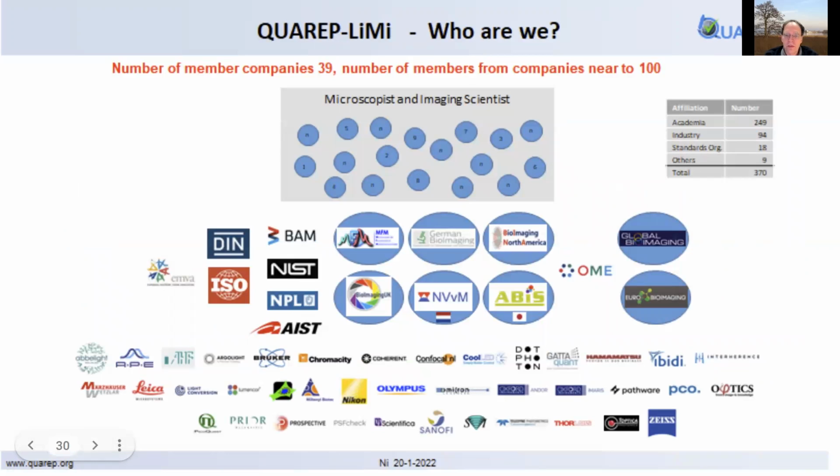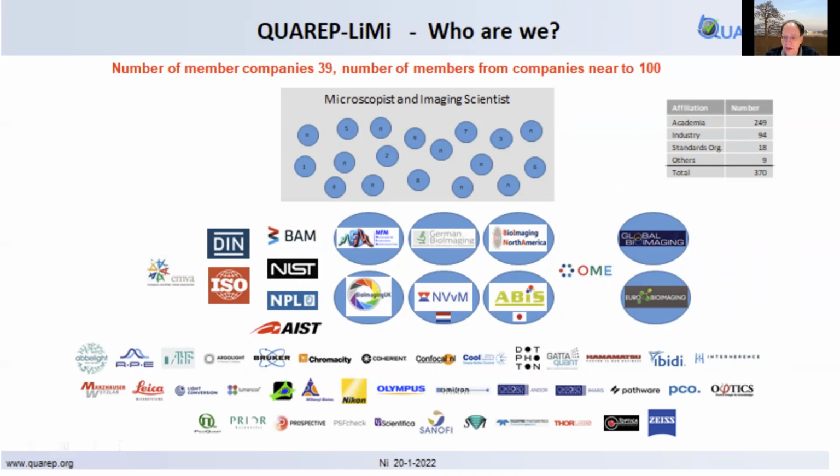So who is in the community? I said we are trying to merge people together. The starting point for us was the national communities like BioImaging UK, BINA, Netherlands BioImaging, German BioImaging, the French imaging community, but we also have others like DIN and ISO members, the NIST, the BAM.